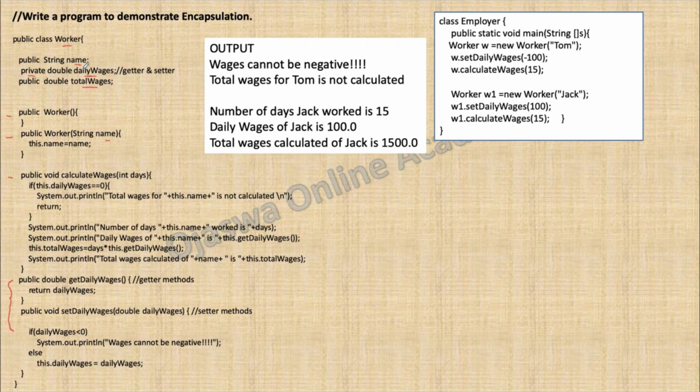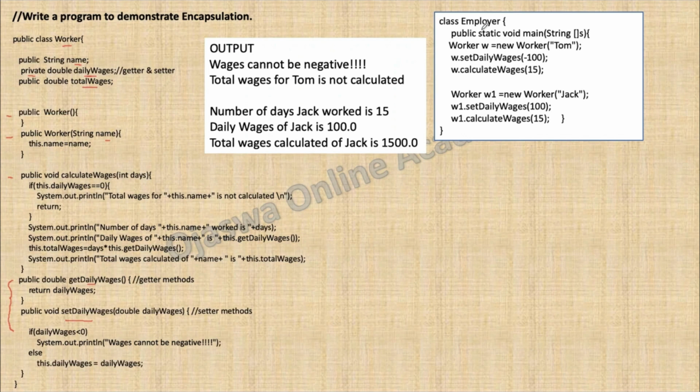The Employer class may want to set the value of the variable daily wages. For this, we have written a setter method, and the name of the method is setDailyWages. Using this method, the Employer class can set the value of daily wages. The Employer class may also want to get the value of the private variable daily wages. For this, we have written the getter method getDailyWages.